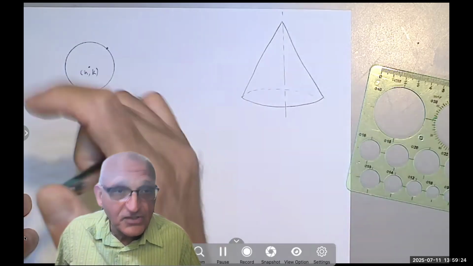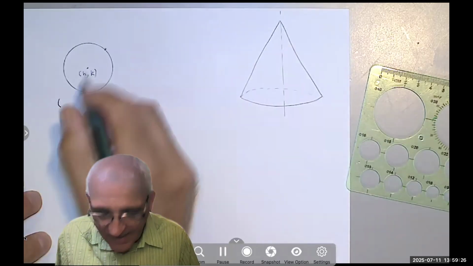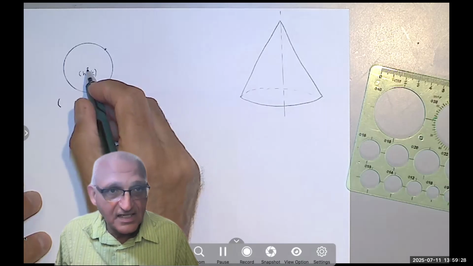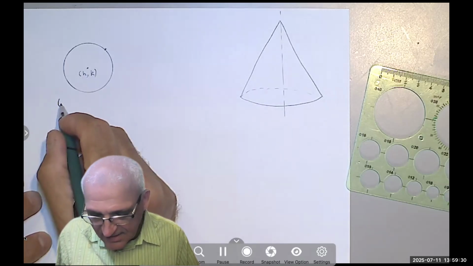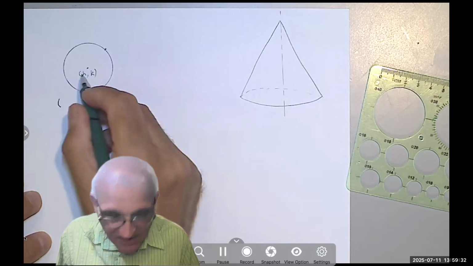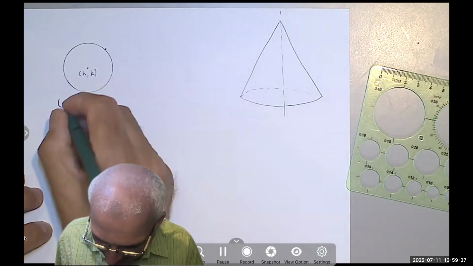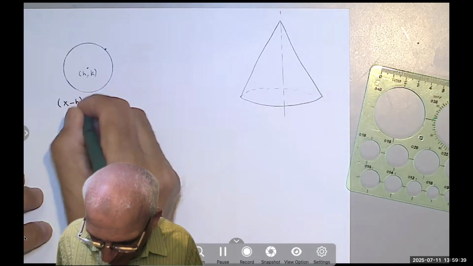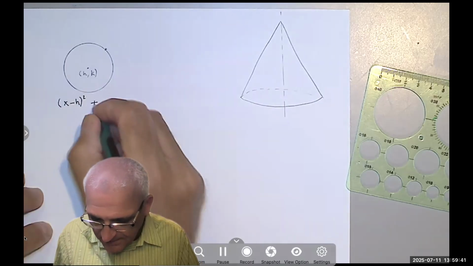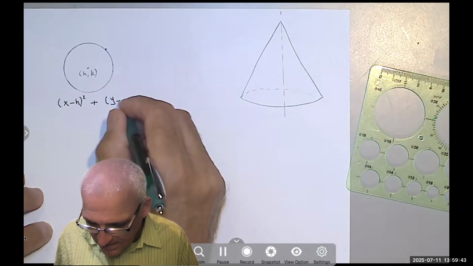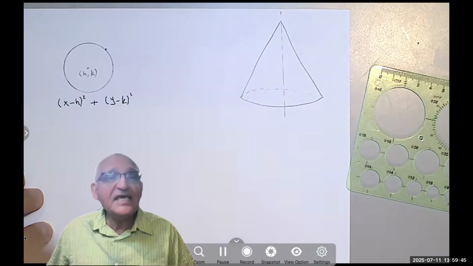So the equation of the circle, if the origin was the center, we would say x squared. But since it's not, we moved it to a point h, then we say x minus h squared plus y minus k squared equals r squared.